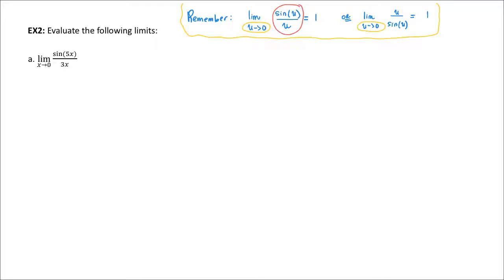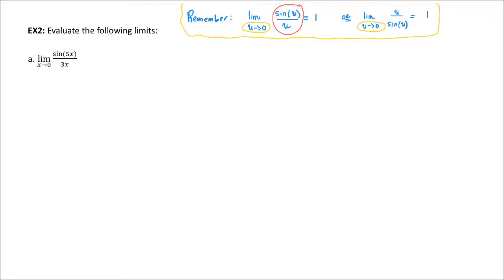So then, what do I do with this 5? Well, I cannot just erase it. I cannot just bring it out. I'm hoping that your understanding of trigonometry is pretty solid by now, that you know that if 5 appears inside of sine, it stays there. So there's nothing that I can do about 5x.